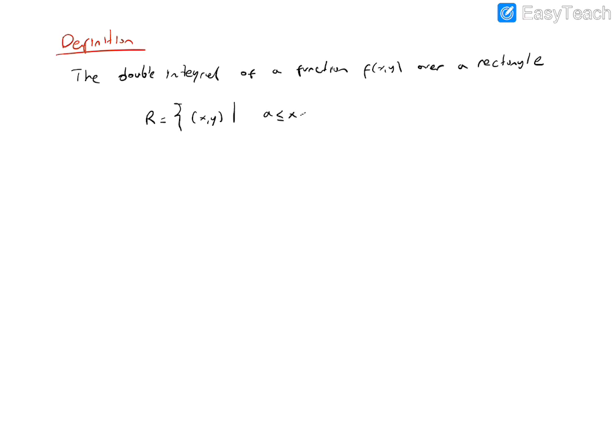The double integral of a function f of xy over a rectangular region. Let's define our rectangular region as the following, which consists of the x and y such that x is between a and b and y is between c and d.